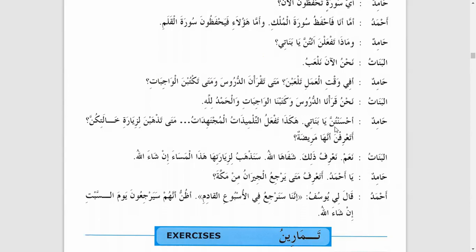Ahsana yuhsinu ihsanan. What's the meaning of ahsana? Ahsana basically means to do something in a very good manner, in a perfect manner. The word ihsan we use a lot, but in Urdu it is different in different contexts. It means to do someone a favor, whereas in Arabic it means to do something in a perfect or very good manner.